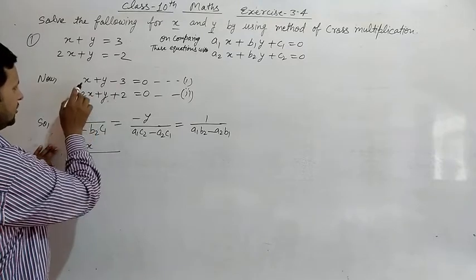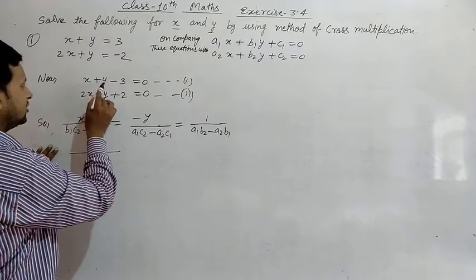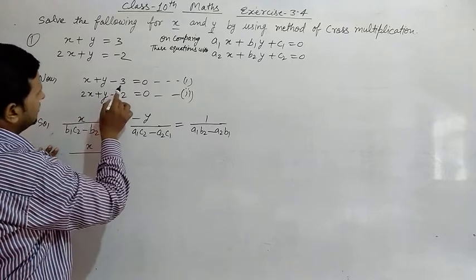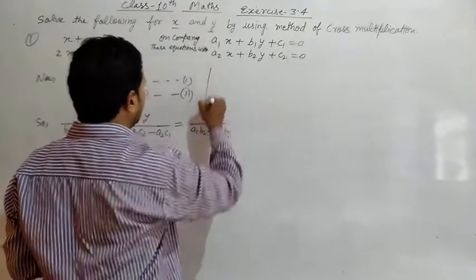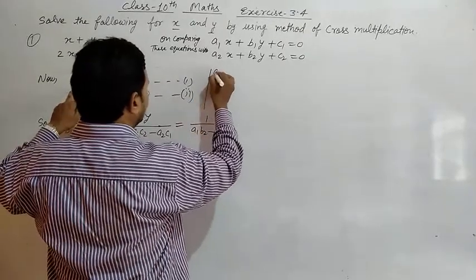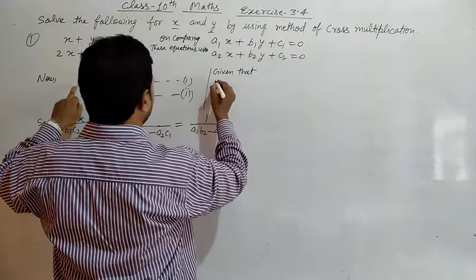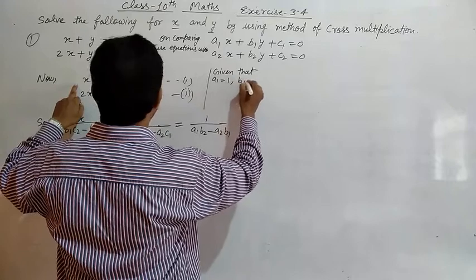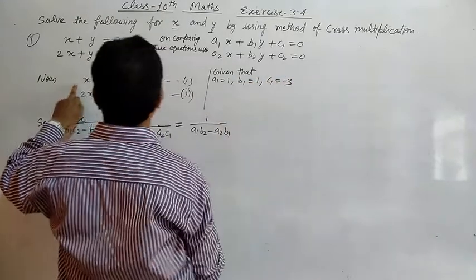The coefficient of x is 1, the coefficient of y is 1, and c1 is minus 3. If you want, you can write it here. Given that a1 is equal to 1, b1 is equal to 1, and c1 is equal to minus 3.